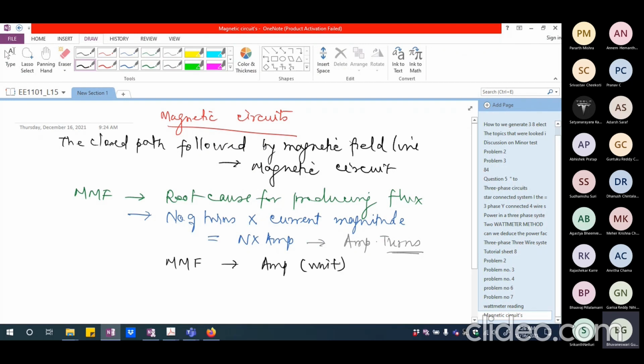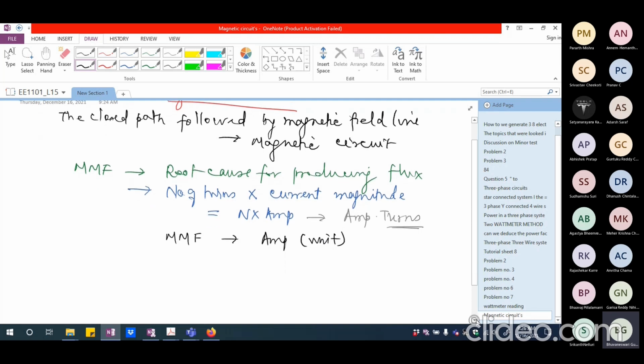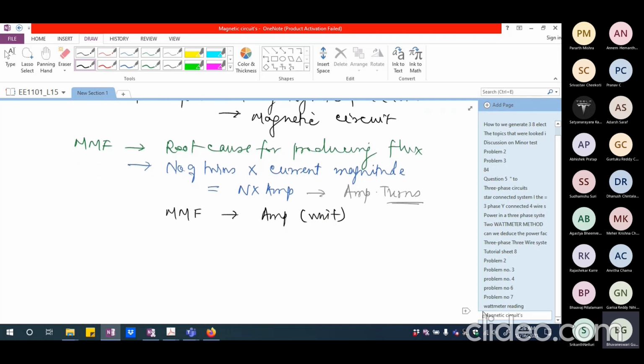As the number of turns increase in a magnetic circuit, it is going to increase the strength of the magnetic flux that is being produced because of this MMF. That's what we were trying to say yesterday. And when we look at the MMF per unit length of the magnetic circuit, this is not the length of the wire, it is the length of the magnetic path.